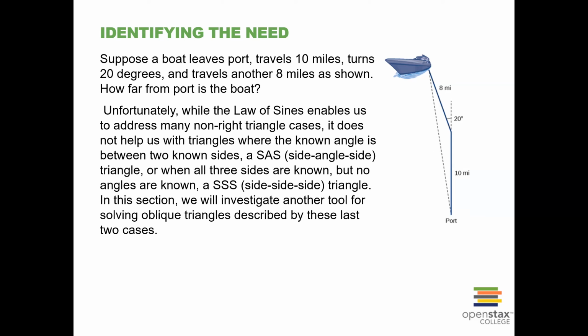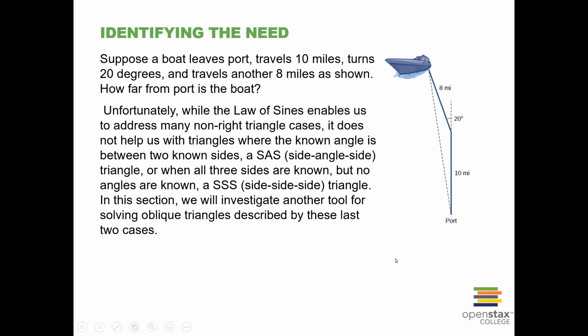That happens when the angle is between the known sides, known as SAS, or side angle side, or when we know all of the sides and we don't know any angles, known as SSS, or side, side, side.